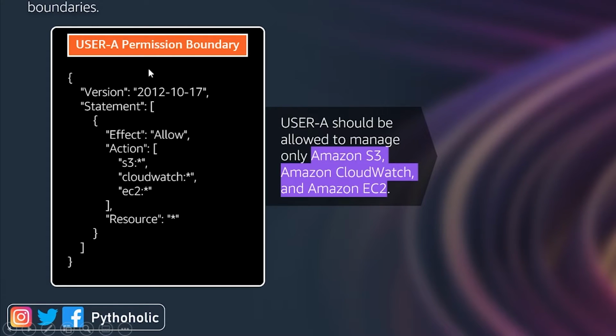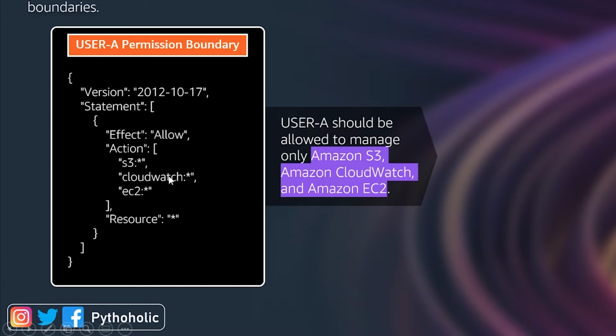Let's see this. So what does it say here? If you read the policy here, the effect is allow and the resource is star, which means it has allow permission for all resources. If you see these two statements, allow and resource star. The action that you see here tells us that it has only access to perform actions on these operations.